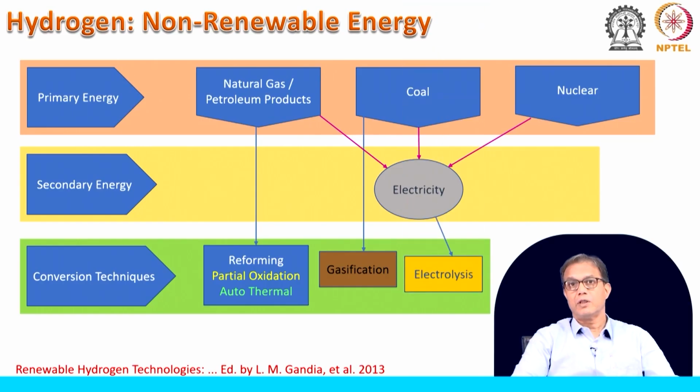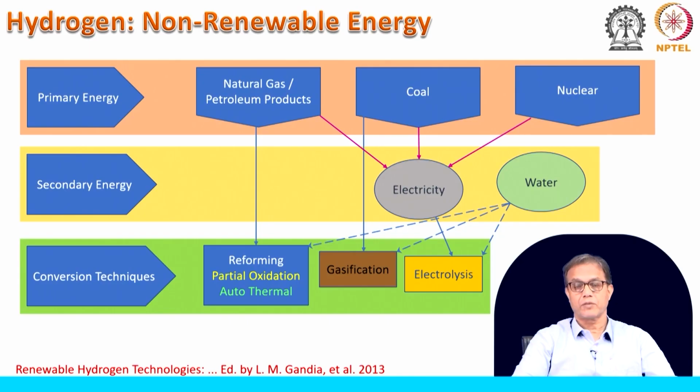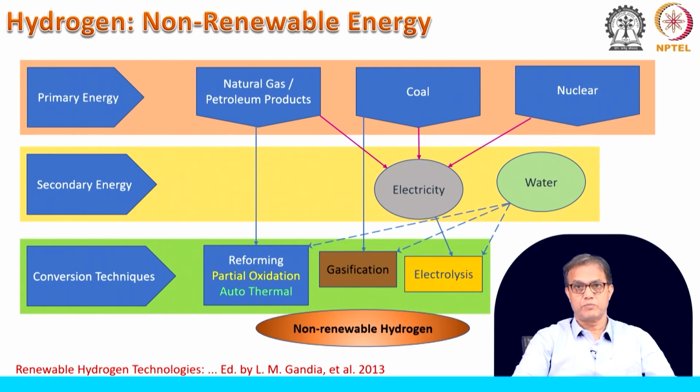Primary energy is used for generating electricity, and from electricity we can have the electrolysis of water. And water will be used in all these three processes, maybe in the form of steam or in the form of water, to generate hydrogen. So, these are the non-renewable energy based hydrogen production.